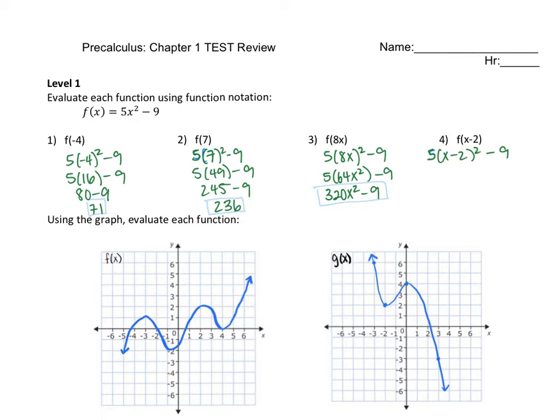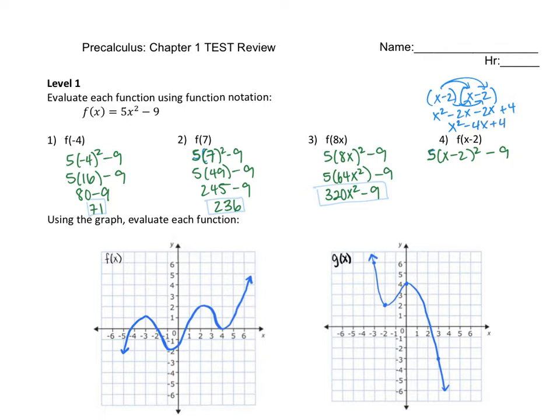So I'm going to do that to the side here. That's going to look like (x minus 2) times (x minus 2). If you FOIL this out, you get x squared minus 2x minus 2x plus 4. So these two middle terms will combine to give you -4x plus 4.